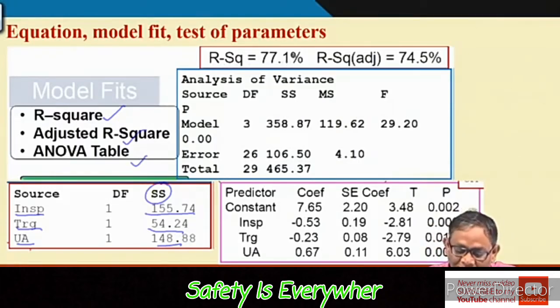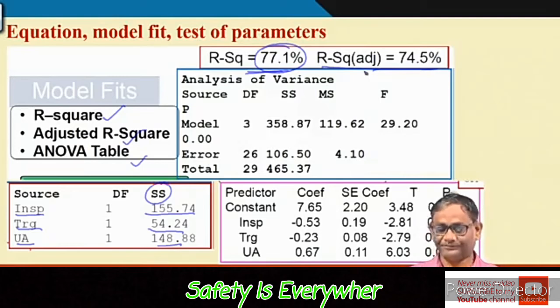R square here is 77.1%. R square talks about what proportion of the variance of the dependent variable is explained by the independent variables, or by the regression model. Now, this R square is sensitive to the sample size, so adjusted R square is computed, which is basically insensitive to sample size.